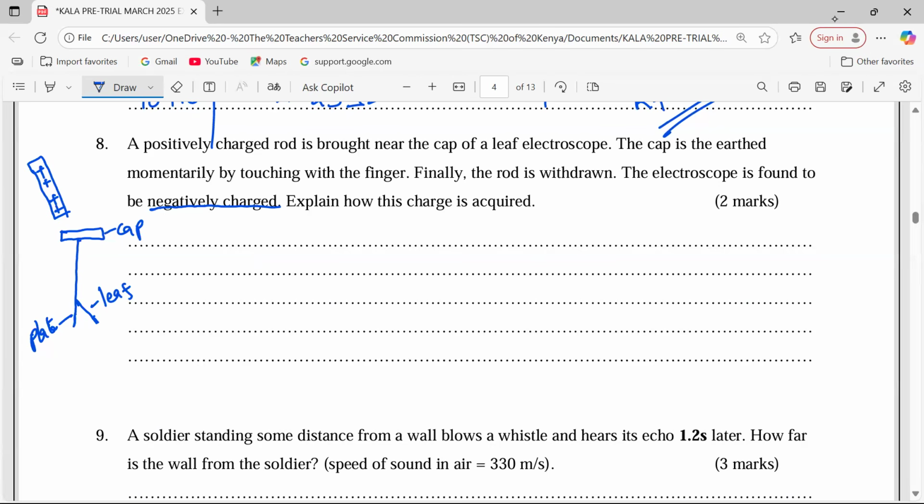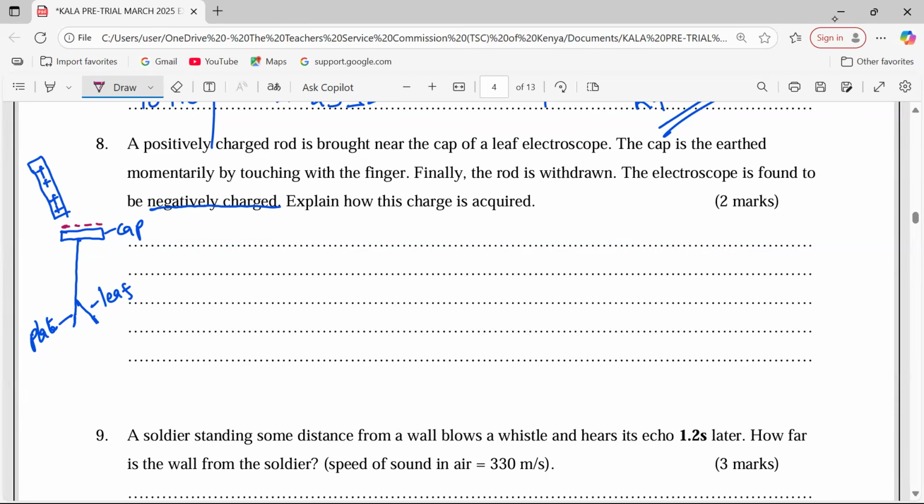When the rod was brought close, the negatives were attracted. As long as it is held in place here, the negatives are going to be attracted. And what happens?